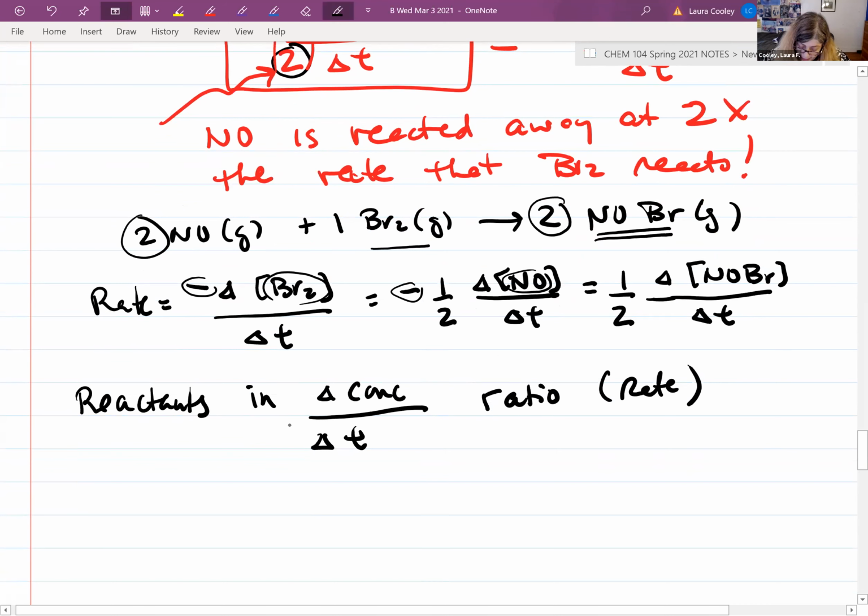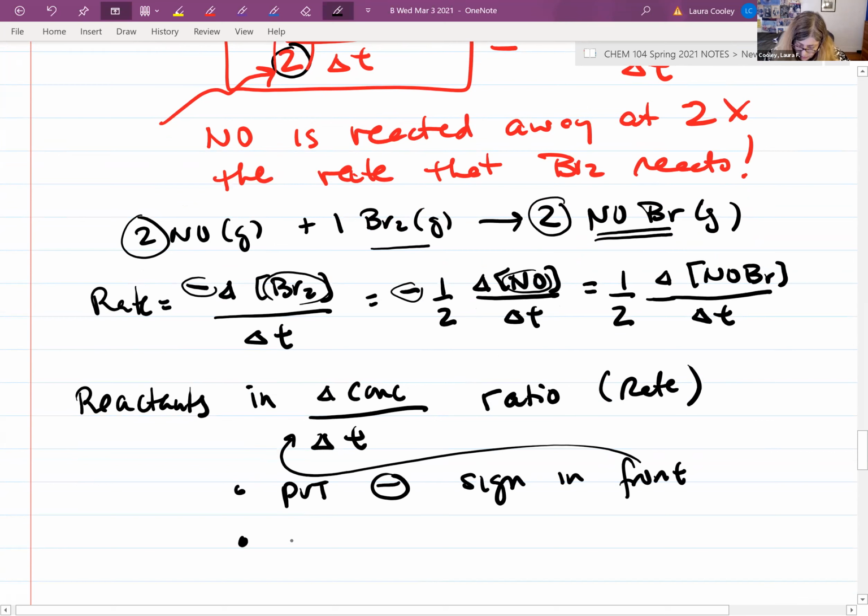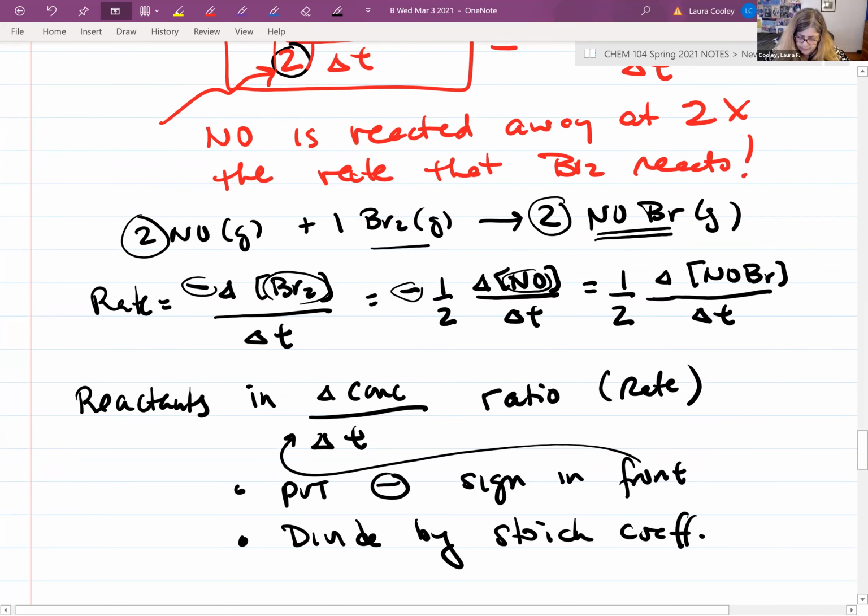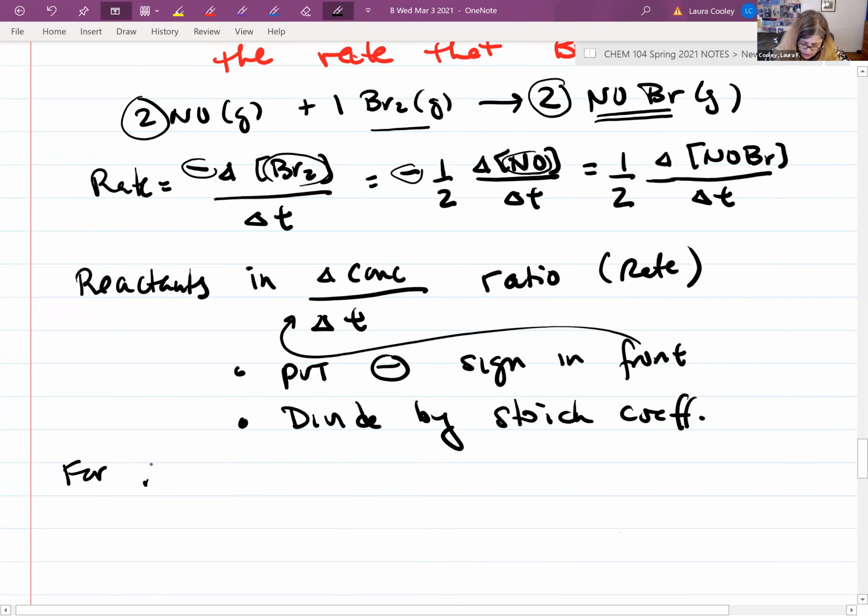For reactants, you would put a negative sign in front of this expression, and you would divide by the stoichiometric coefficient. For products, in the same expression, you would not, no negative sign, it's already positive.